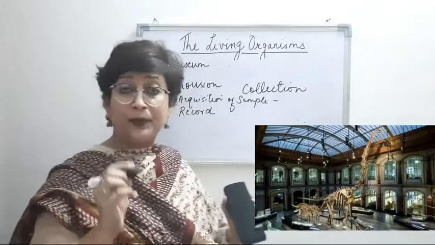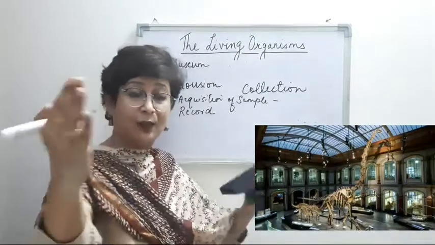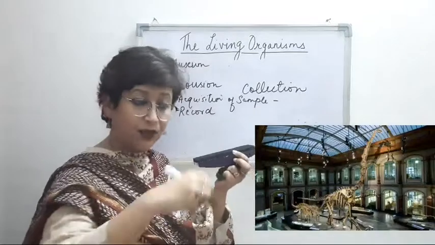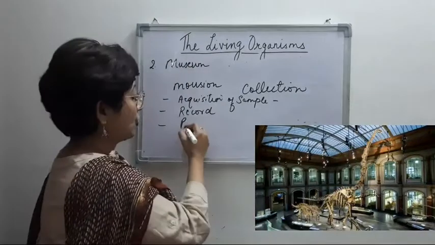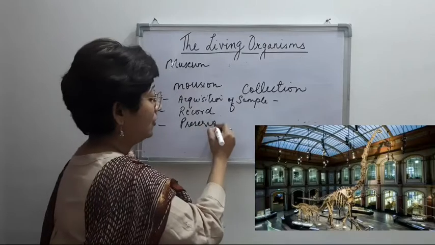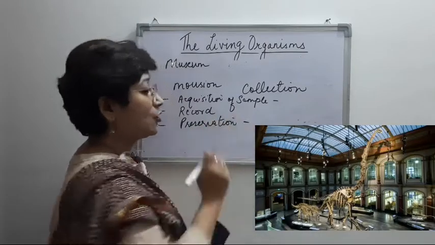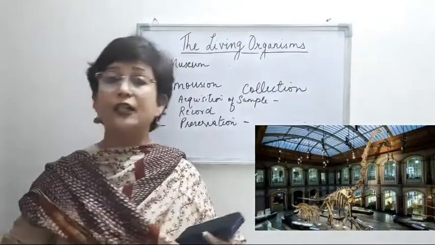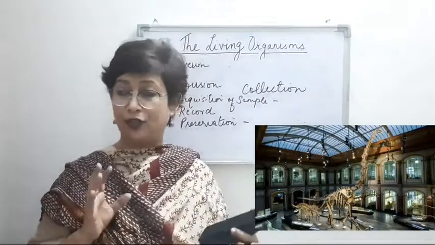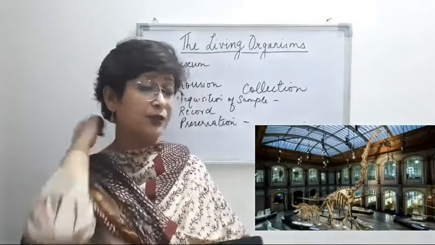The third step: first the sample has come, and it is written down in the record. Now what is the next step? Preservation of the sample, right? Why are the samples preserved? To avoid deterioration, right? Now how are these samples preserved?